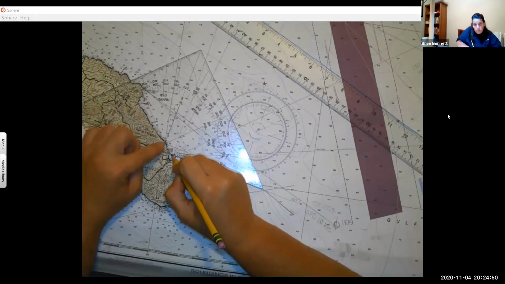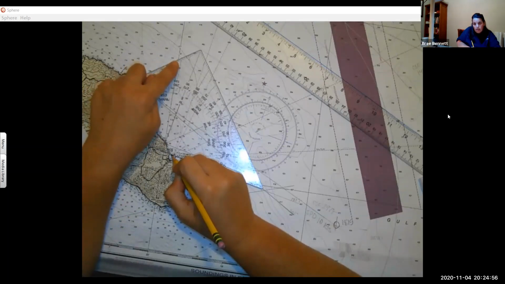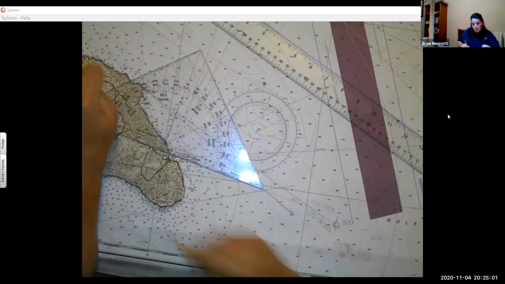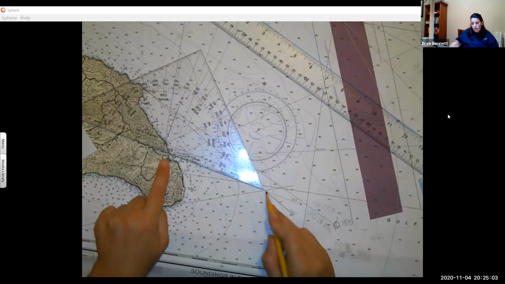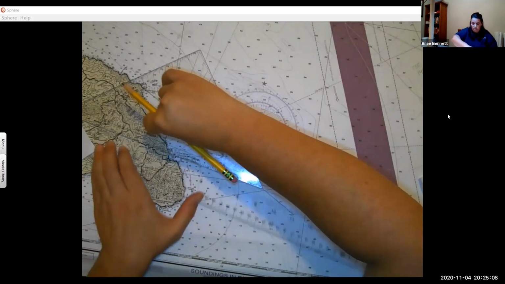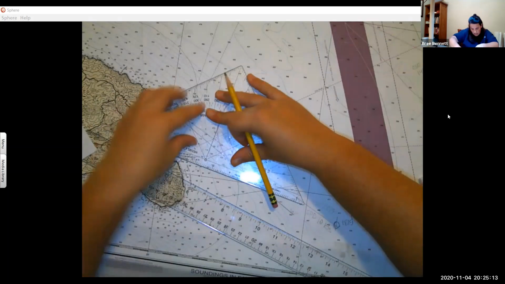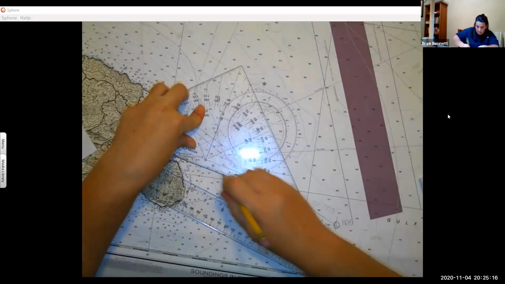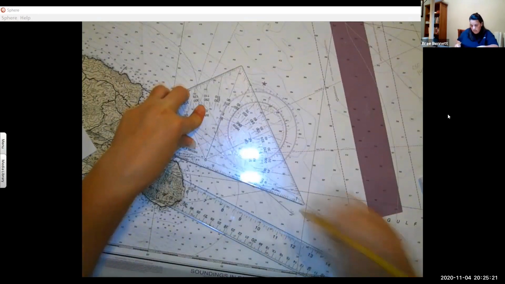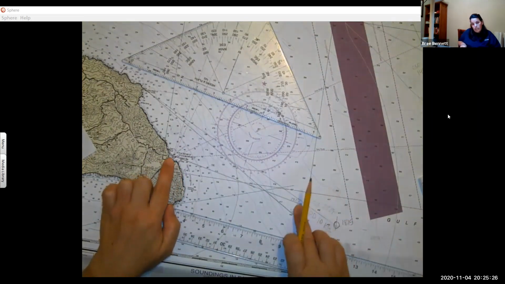So I have my focal point, and then 282 on the edge of the triangle there. It doesn't go quite far enough, so I'm going to parallel it out a little bit more, and then I could draw in, try to make it thick here. This line here is 282 degrees.